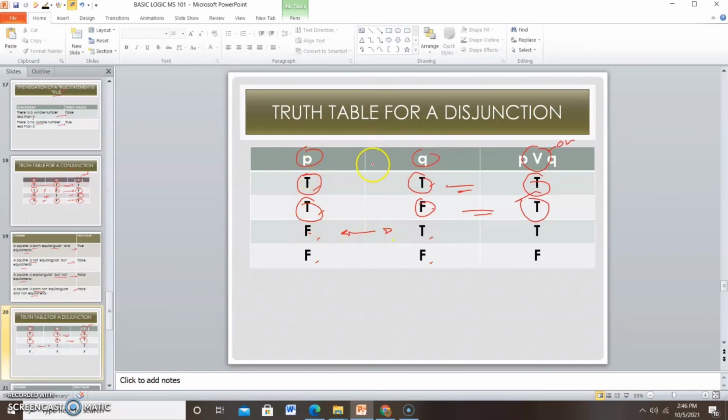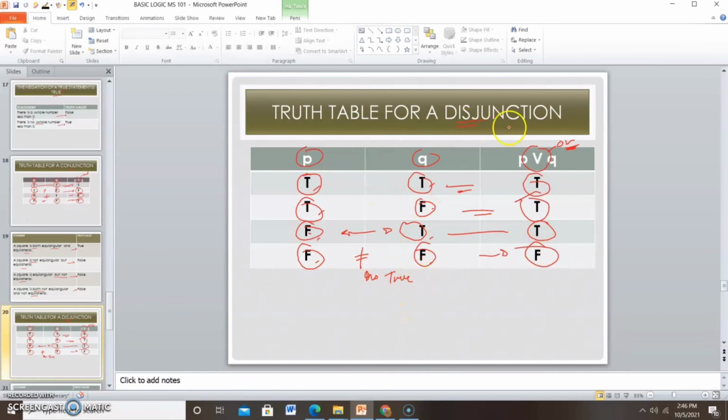Wherever the true is, it is automatically true, because it is or. Unlike when P is false and Q is false, there is no true statement. That is false.